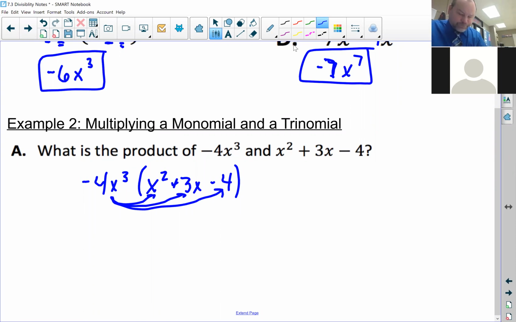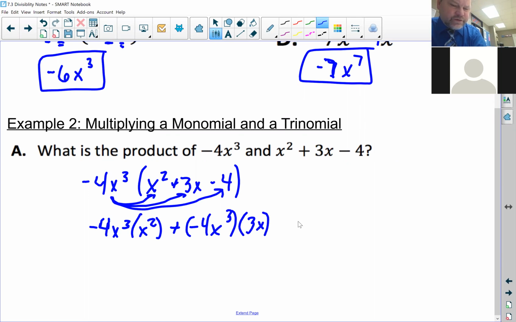So we would get negative 4x to the third times x squared, plus negative 4x to the third times 3x, plus negative 4x to the third times minus 4.